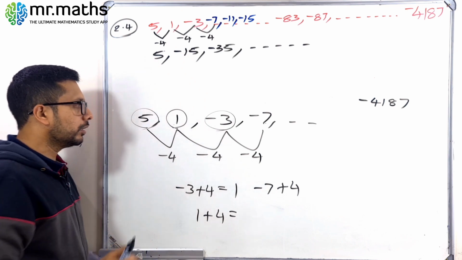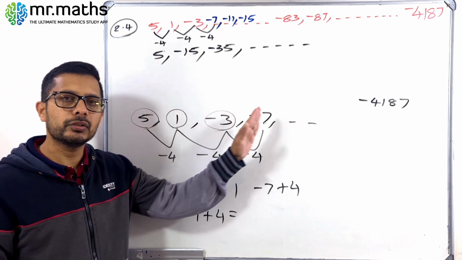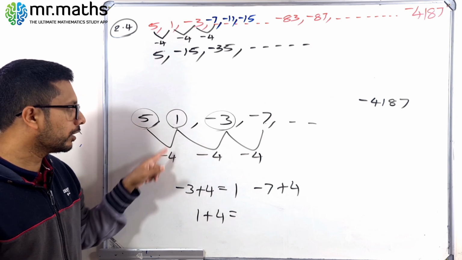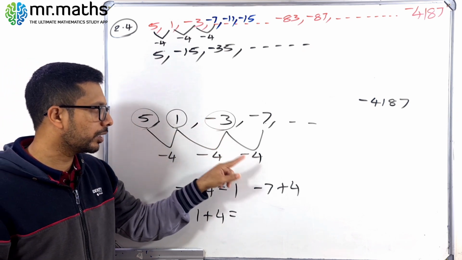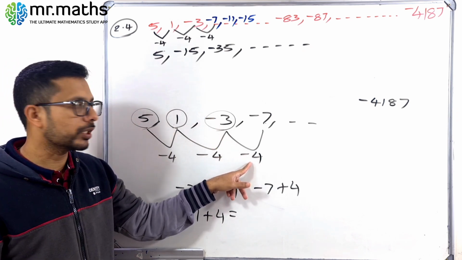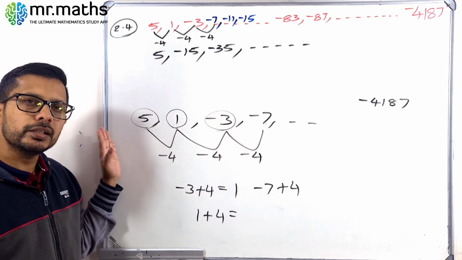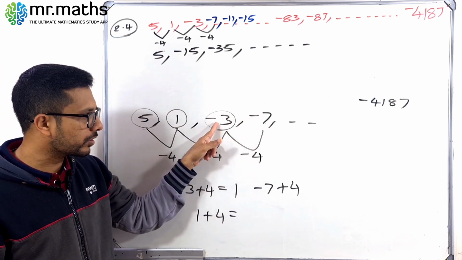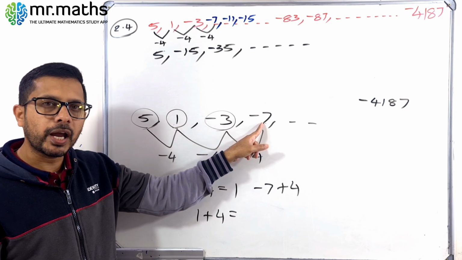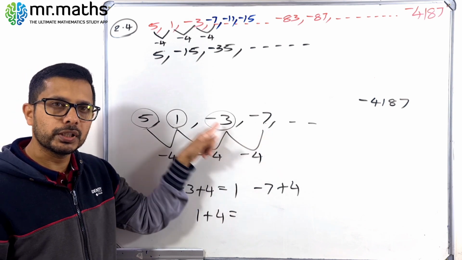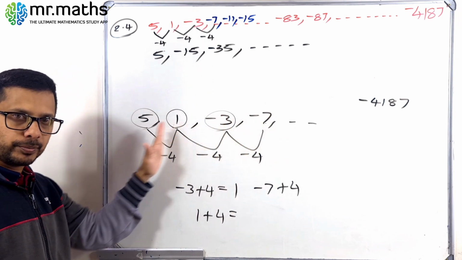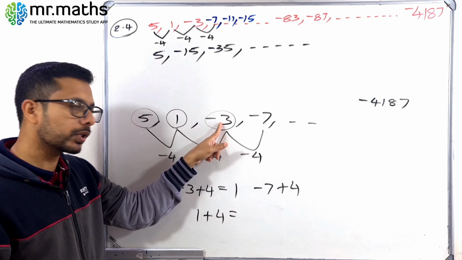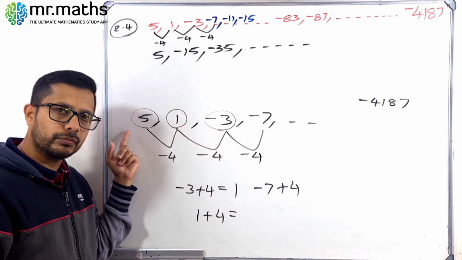So to that side, to get the next number, we subtract: 5 minus 4, 1 minus 4, minus 3 minus 4, like that. But to get to this side, it is just the opposite. To get this minus 3 from this number, you have to add: minus 7 plus 4, that is minus 3, because it is coming from that side to the beginning. So minus 3 plus 4 is 1, 1 plus 4 is 5, like that.